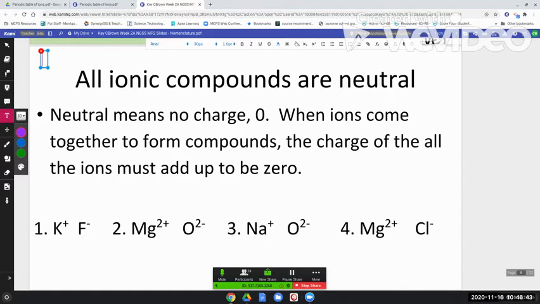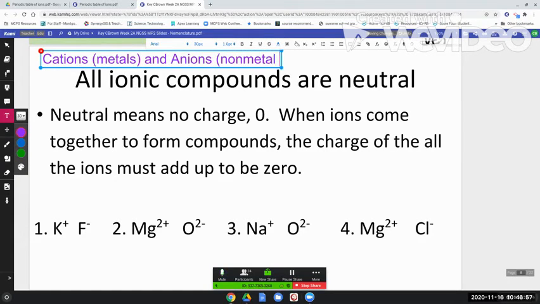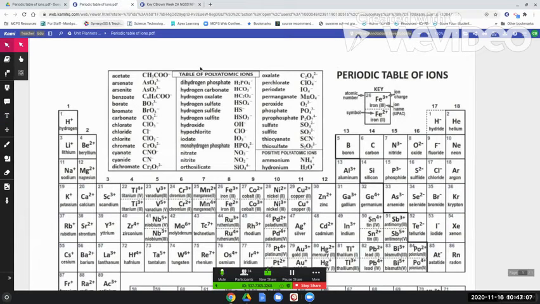So ionic compounds are cations, which are normally metals, and anions, which tend to be nonmetals or PAIs.